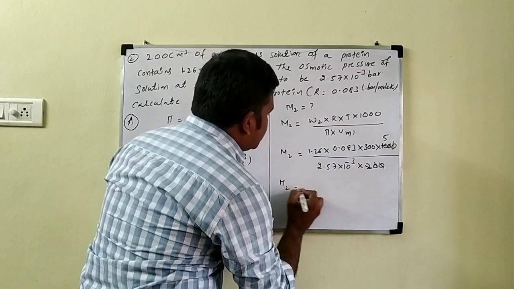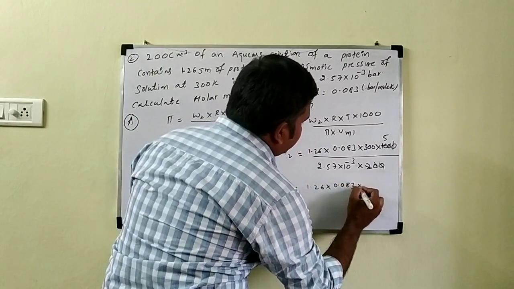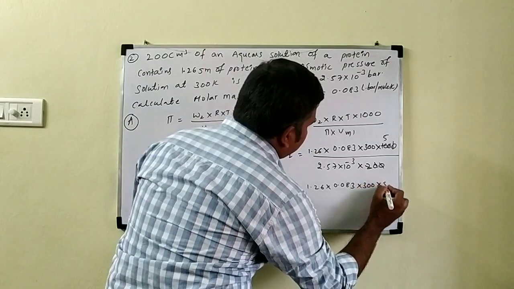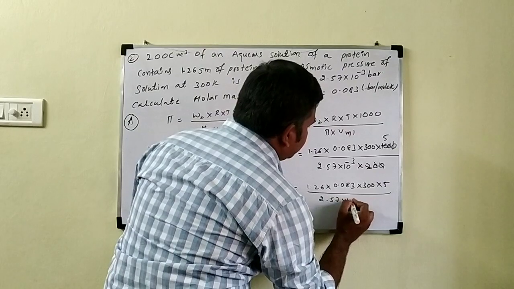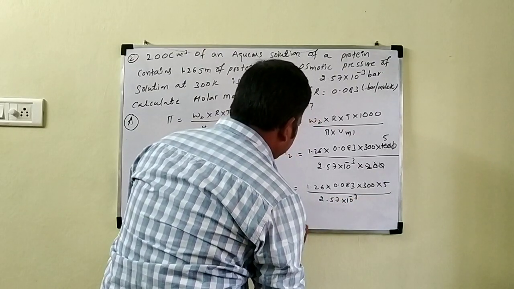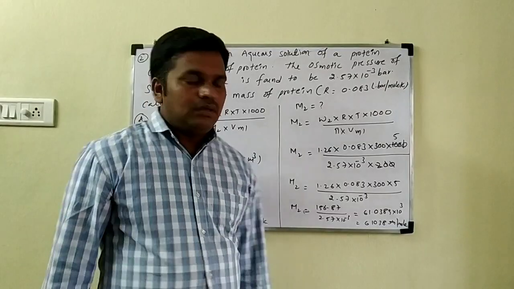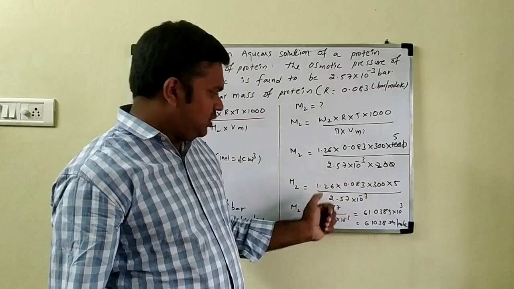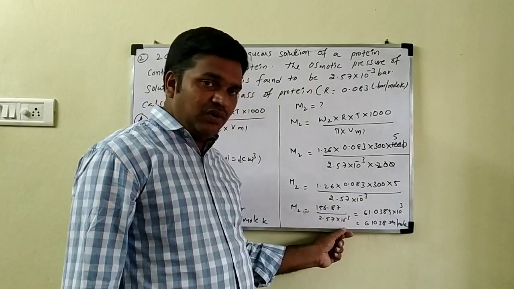So M2 is equal to 1.26 into 0.083 into 300 into 5 by 2.57 into 10 power minus 3. If you multiply the numerator, you will get 156.87 by 2.57 into 10 power minus 3.